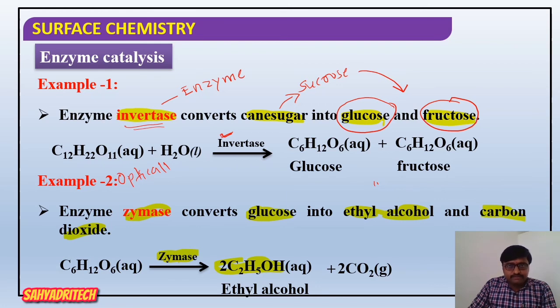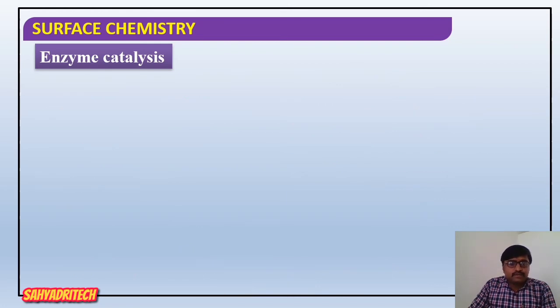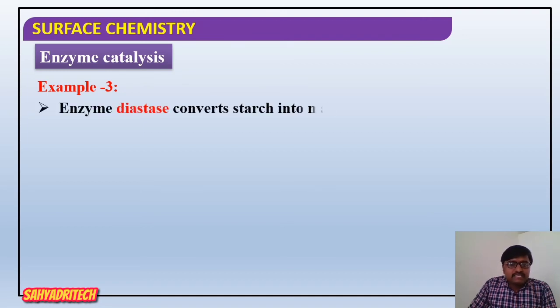Now coming to example number 3, diastase is one more enzyme. In enzyme catalysis, the process and the enzyme involved are very important. The enzyme diastase converts starch into maltose. Starch is a polysaccharide.